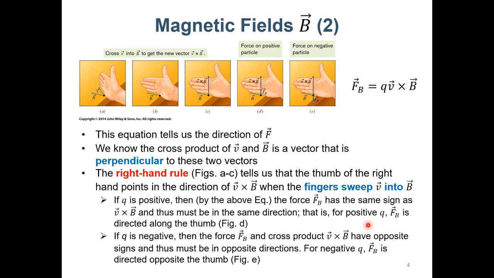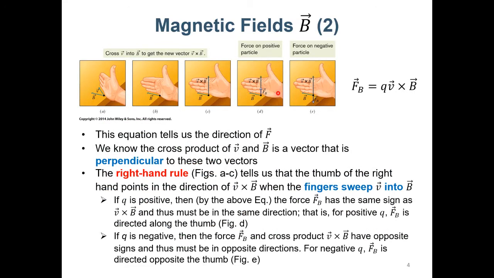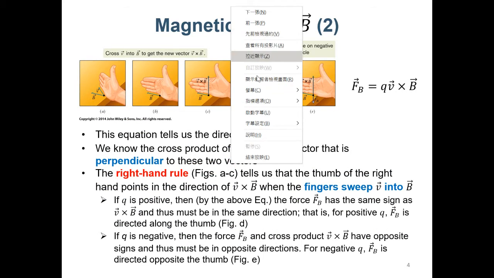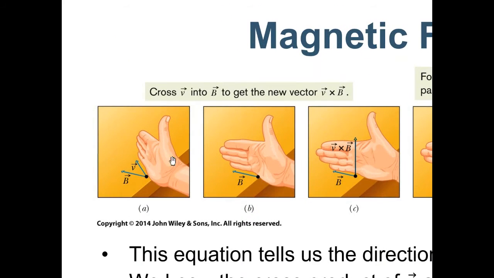So here we talk about the magnetic field, and mainly about the direction. Here you can see that v is in this direction and B in this direction.